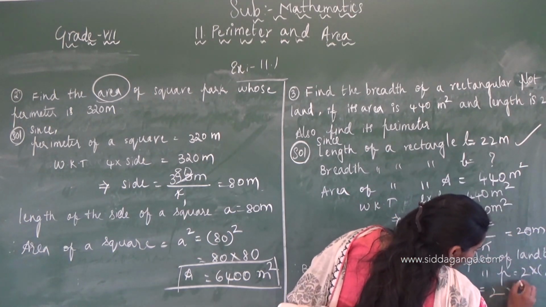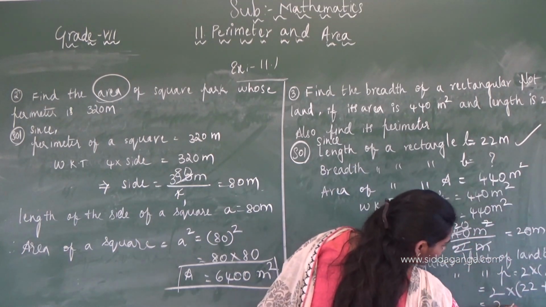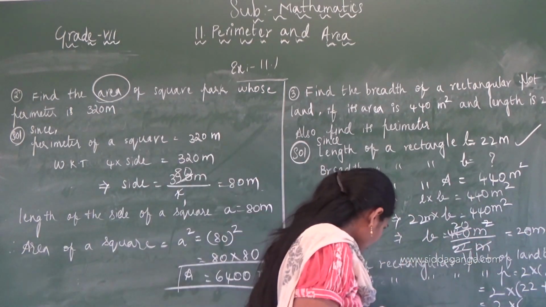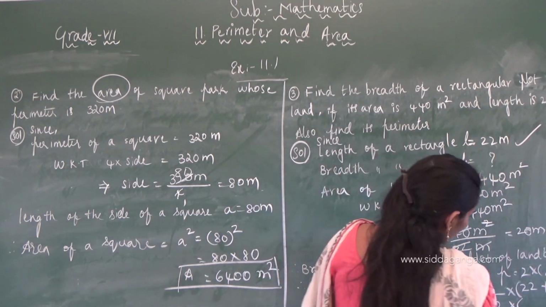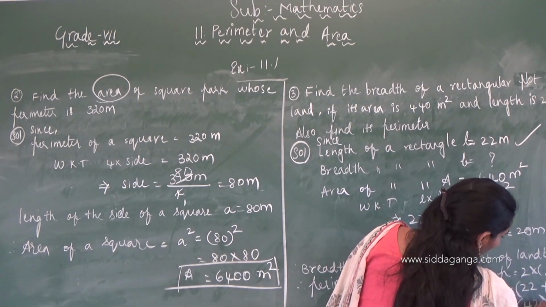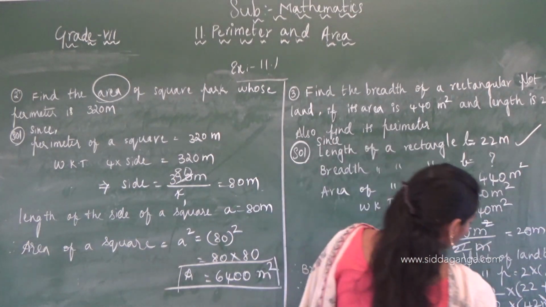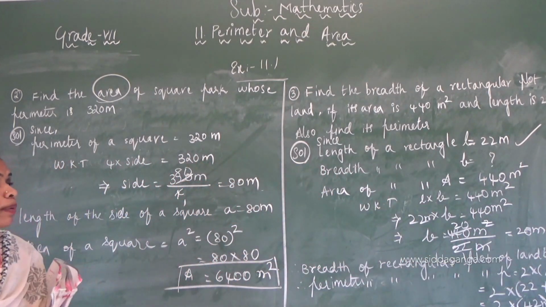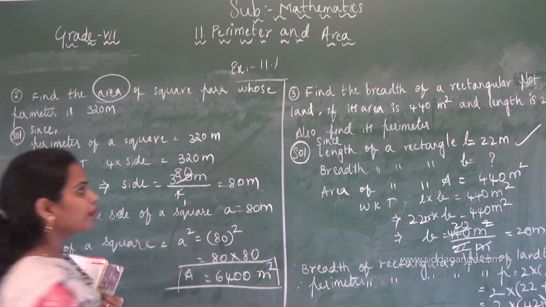What is L? 22 plus 20, 2 into (22 plus 20), 2 into 42, 84. What is the perimeter of the rectangular plot of land? 84 meters.